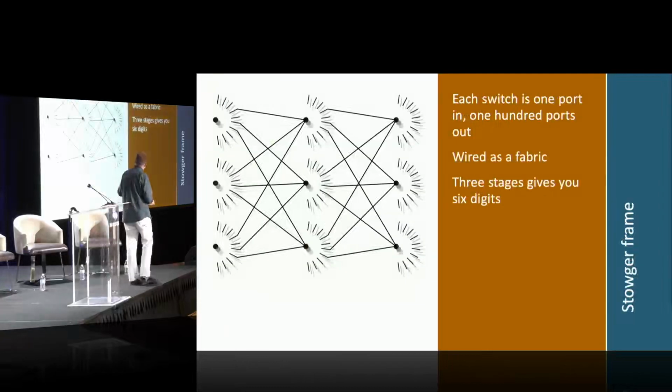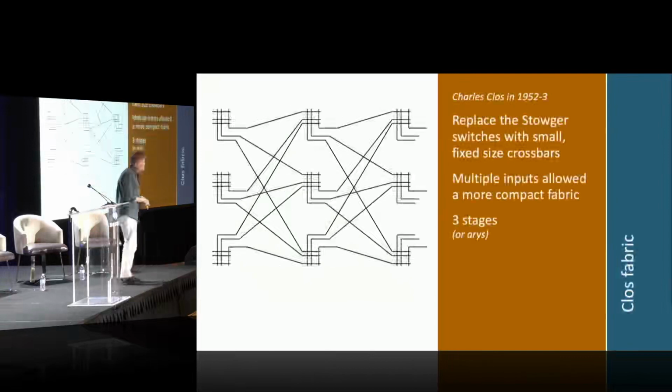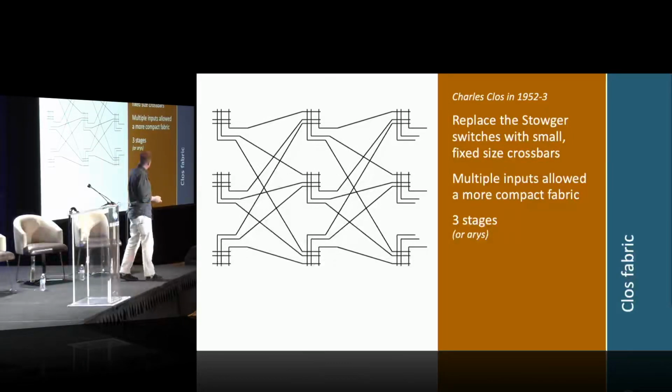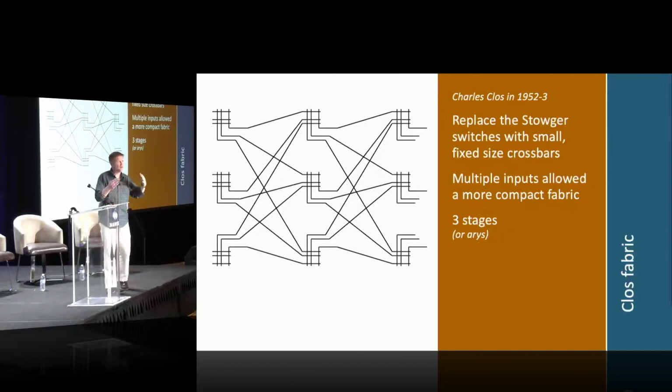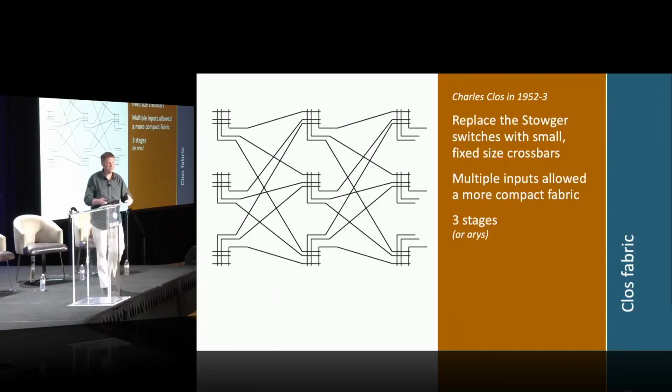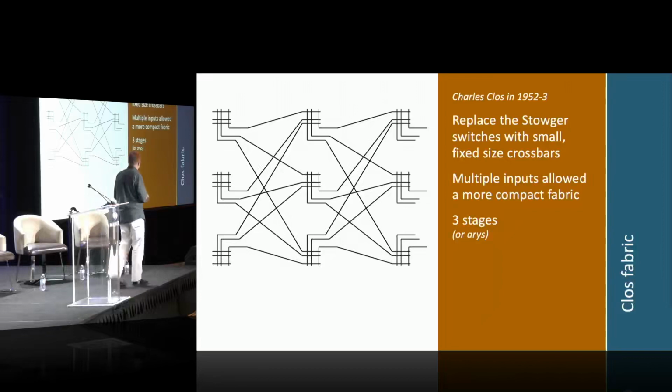What he did was he took the Stroger switches and replaced them with crossbars, hence the Clos fabric. Originally you're using fixed 10 input, 10 output switches, and you replace all of your Stroger switches with these crossbars. Now, you always have 3 stages in a Clos fabric. Always. It's not 5, it's not 7, it's always 3. If you go to 5 or 7, it's called something else. My whole job here today is to get you to use the right words for the right things.